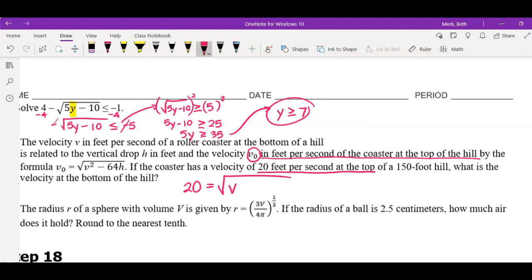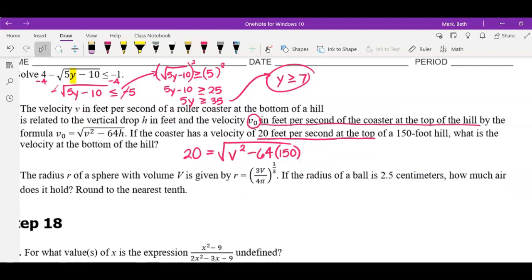I'm trying to figure out the velocity at the bottom of the hill, so I'm going to leave that v. And I also know the height of the hill. It's 150 feet. So I put that in. And now I need to solve. So again, the first thing I do to both sides is square it to eliminate the radical.